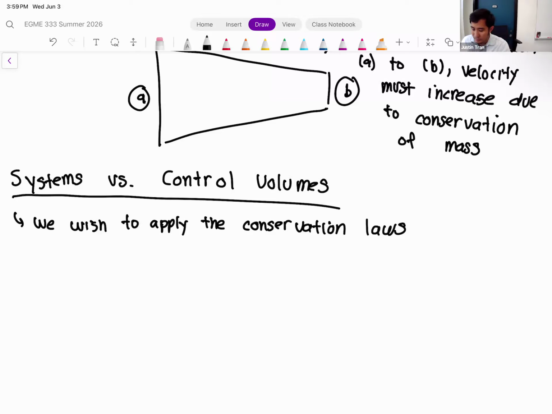Physical mechanics, or physics, can be summed up mostly in these conservation laws. We have conservation of mass, conservation of momentum, technically conservation of angular momentum as well, and conservation of energy.